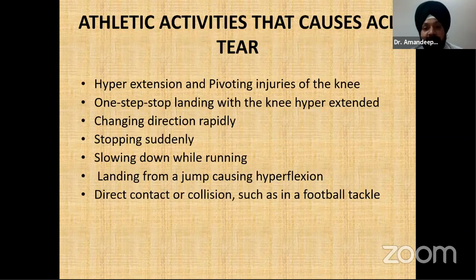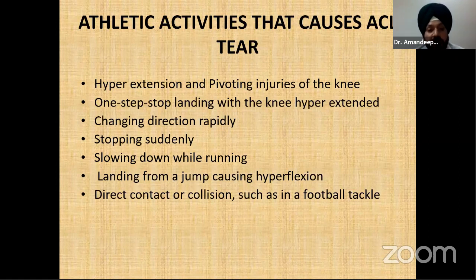There are certain athletic activities that also cause this tear, like hyperextension and pivoting injury of the knee. When the knee is in hyperextension and a pivot type force is applied, the injury happens. One step stop landing with the knee hyperextended, or suddenly changing direction while walking or running, can lead to injury to the anterior cruciate.